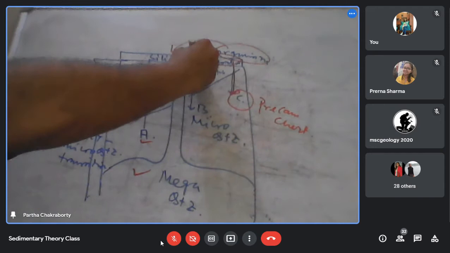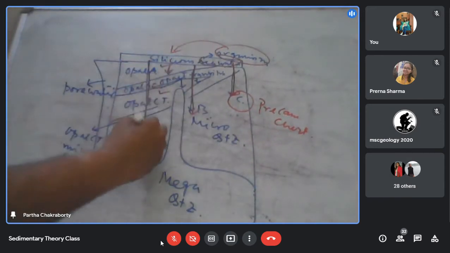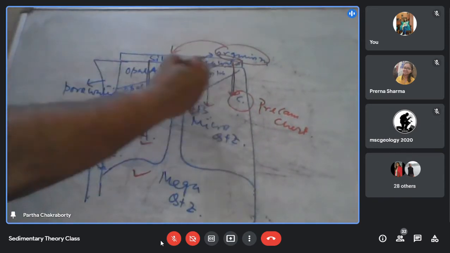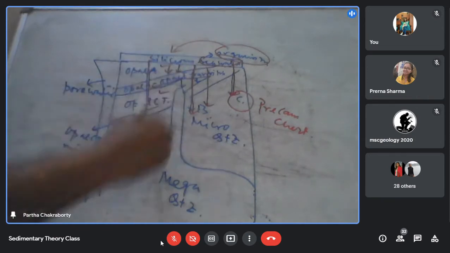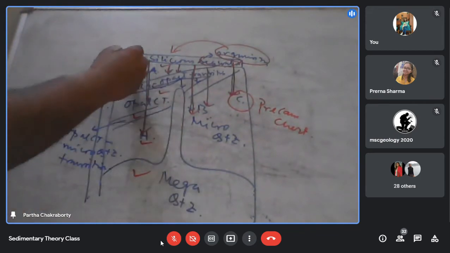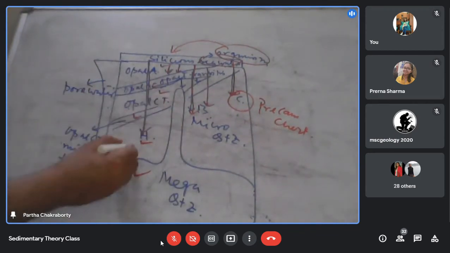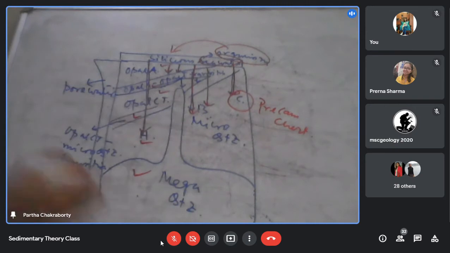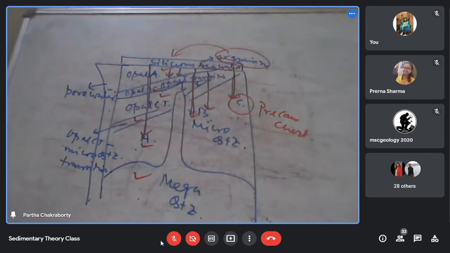So they either take this path or this path or this path. Any path they can take. And that is the total diagenetic path, where opal-A to opal-CT to microquartz to megaquartz, all these transformations get done.